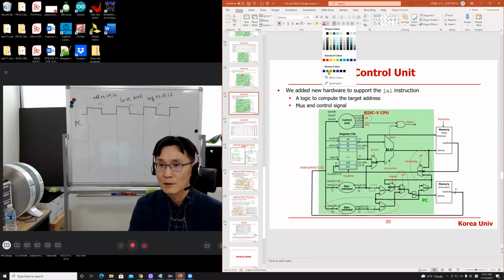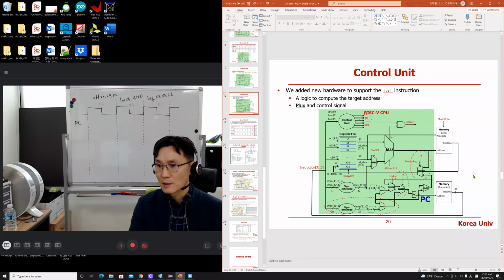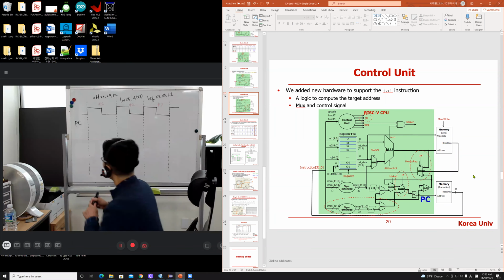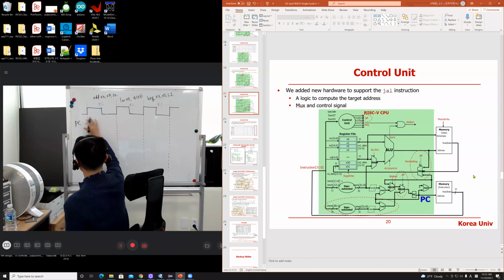Let's say the program counter is initialized to 0.